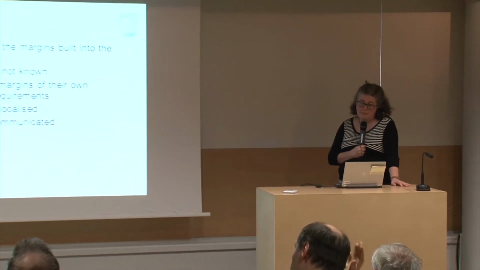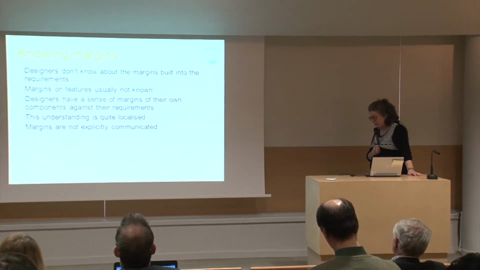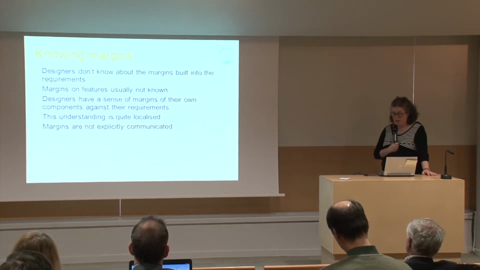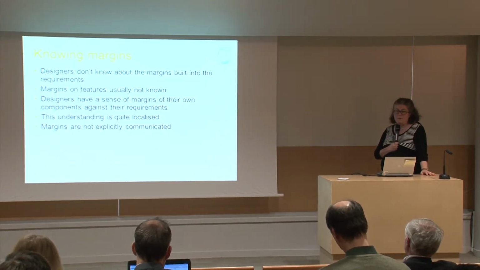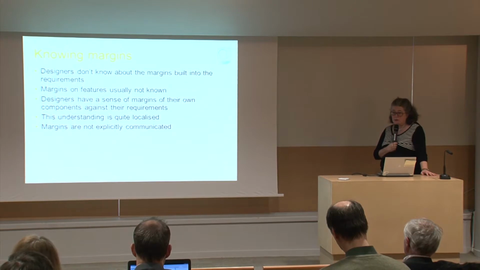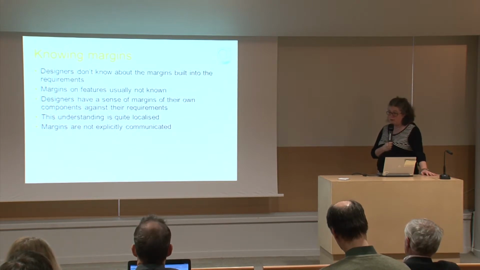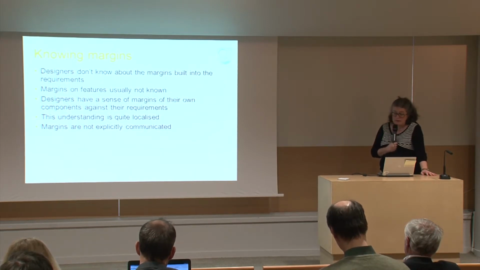But what we found interesting is who knew about the margins and how that knowledge was shared. It became quite clear that the engineers themselves didn't very much think that there might be margins in the requirements. They get the requirements, they do their very best to design to the requirements, and they would be in serious trouble if they didn't. So it's a very rational thing to do.